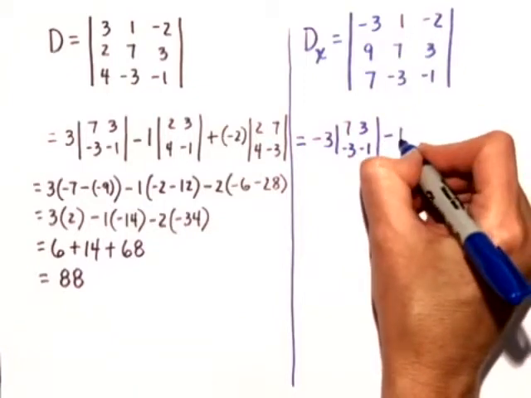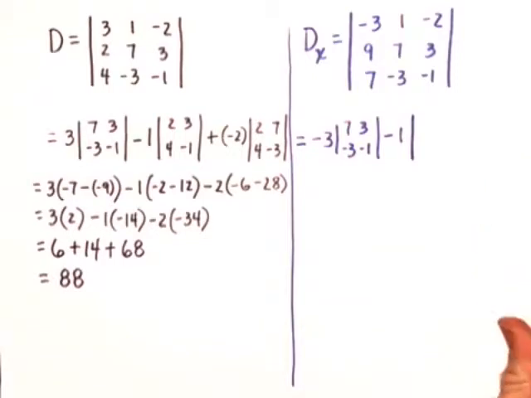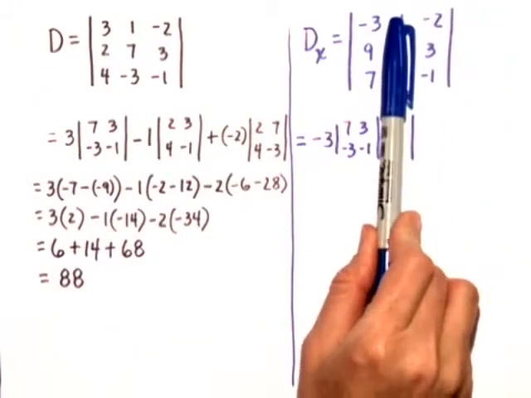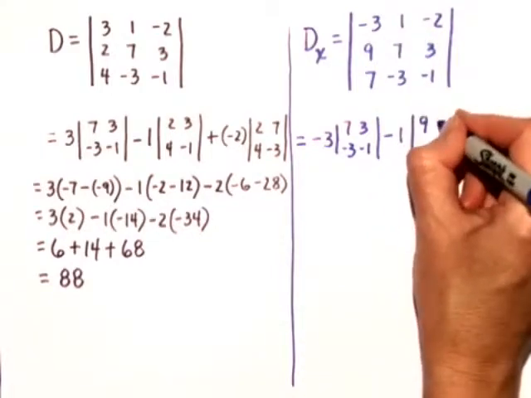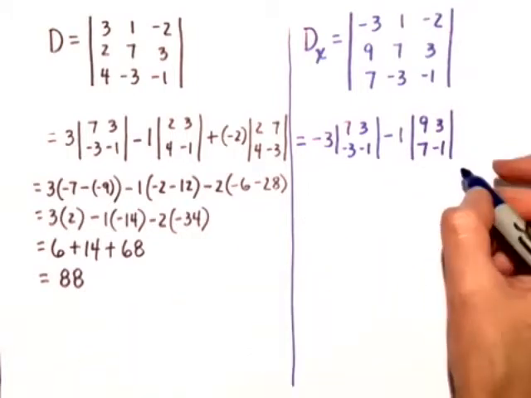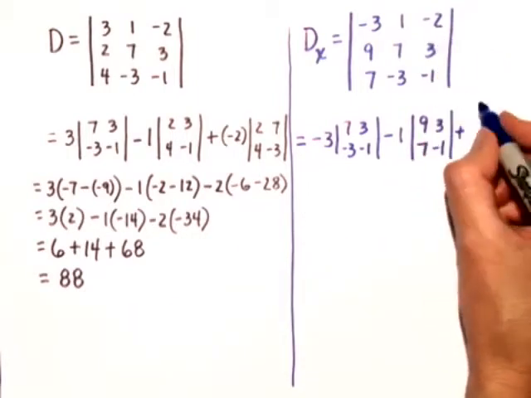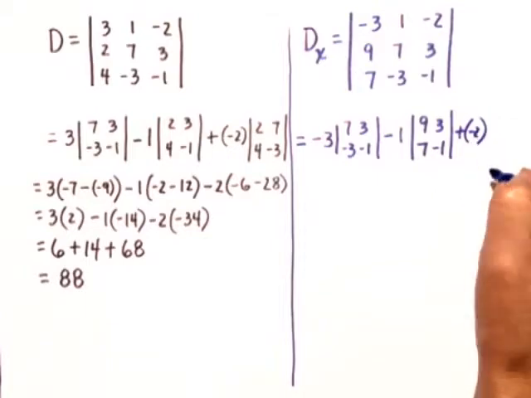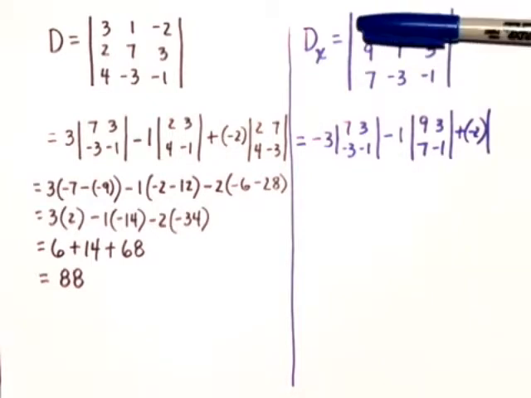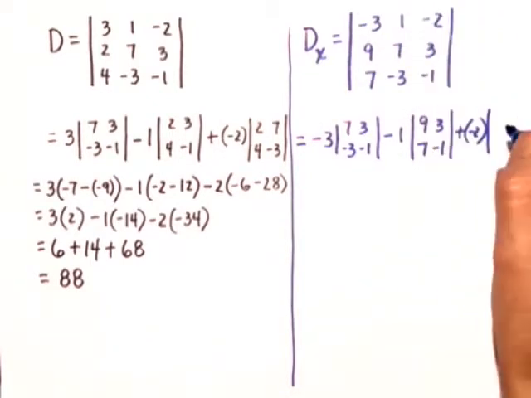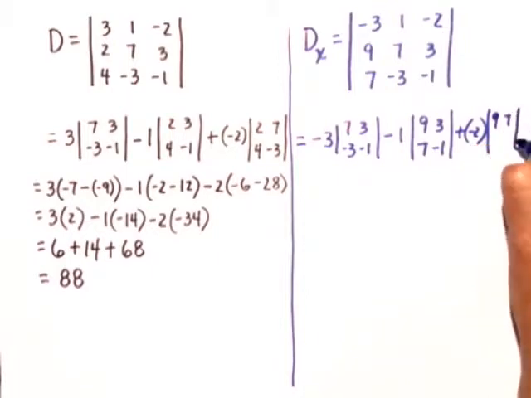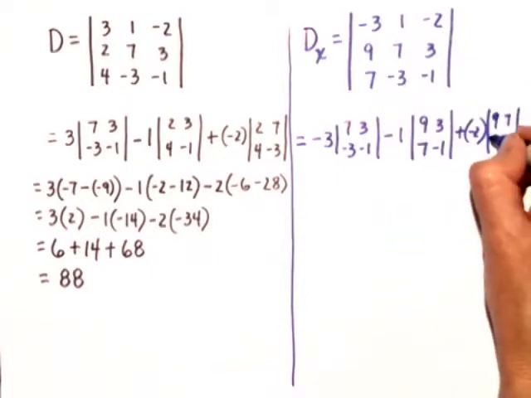Our next element is 1. We expand across the minors. We cross out the row that 1 is in and the column that 1 is in. And we have left 9, 3, 7, negative 1. And finally, we have plus our last element, negative 2. And we multiply that by our last minor. We cross out that row and that column, and we have left 9, 7, 7, and negative 3.